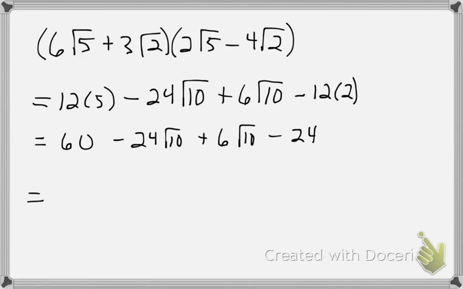And they're all like terms. They're all constants, but they're not all like radicals, right? Who are the like radicals? 60 and 24. I can subtract 24 from 60. That's going to give me 36. And I can add 6 root 10 to negative 24 root 10. Those are like radicals. What's that going to get me? Negative 18 root 10.